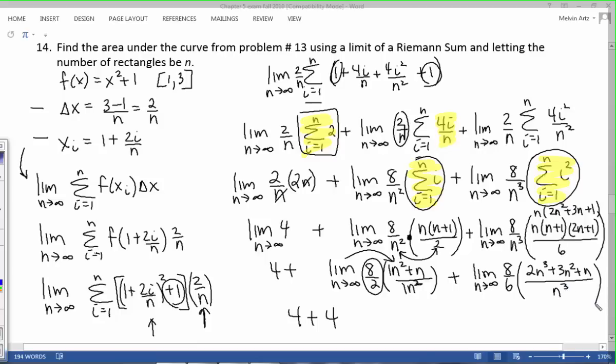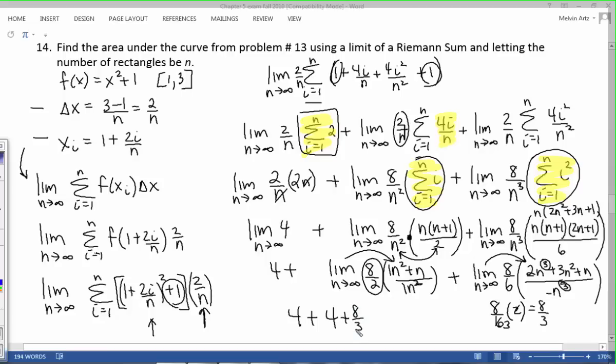And now we can find the limit of this because the degrees are the same, so we take the coefficients, so we would get 2. So we would have 8 over 6 times 2, and that would give us 8/3. So we have plus 8/3.